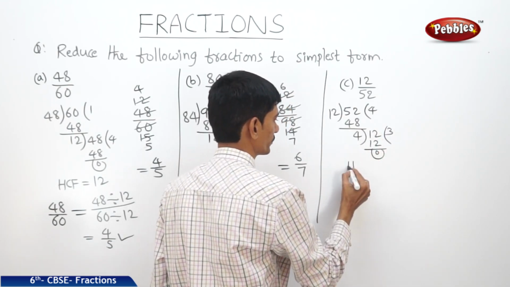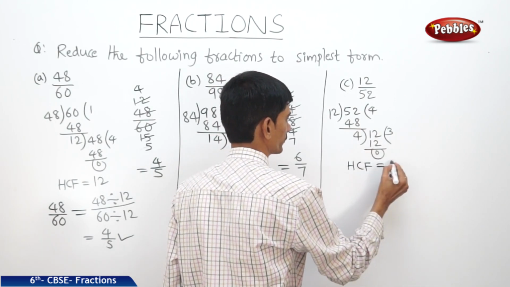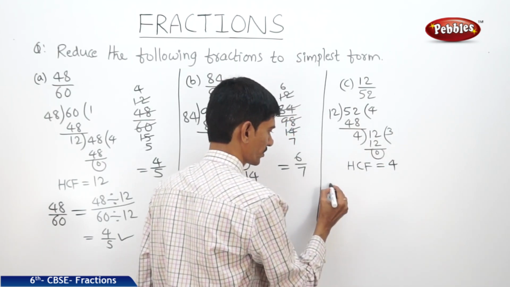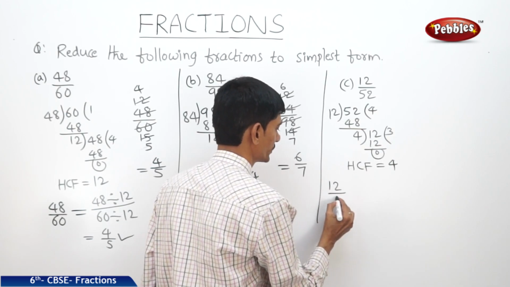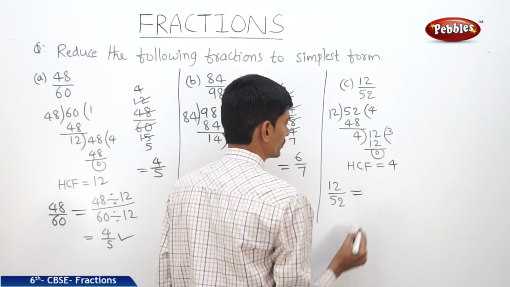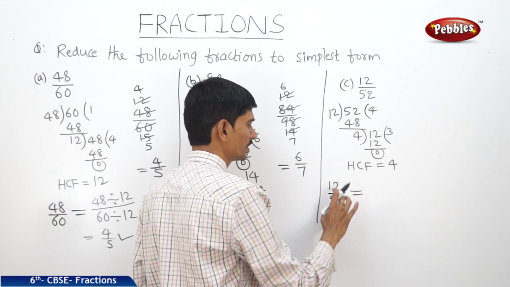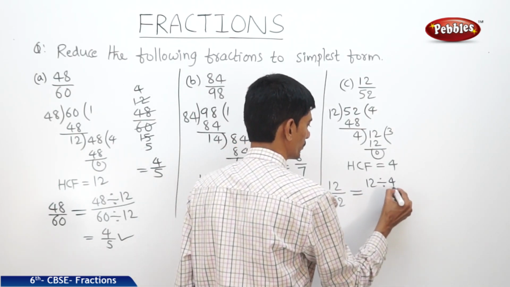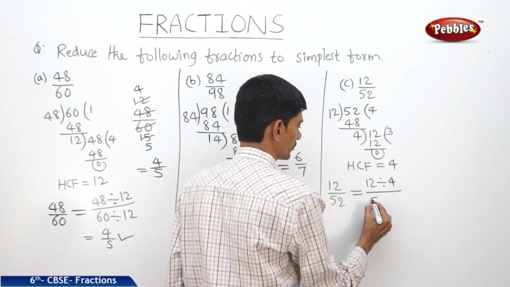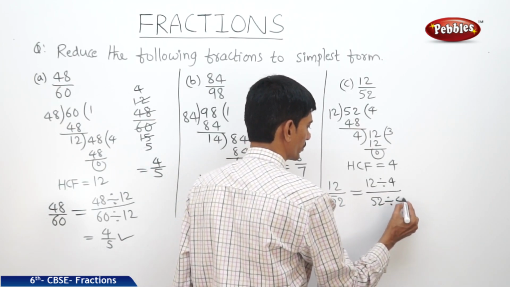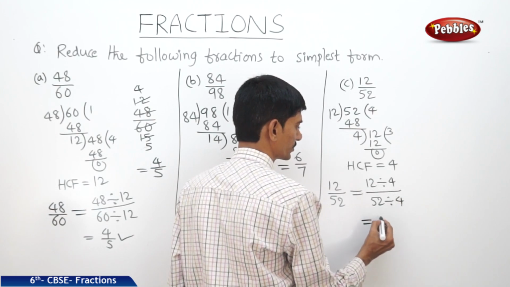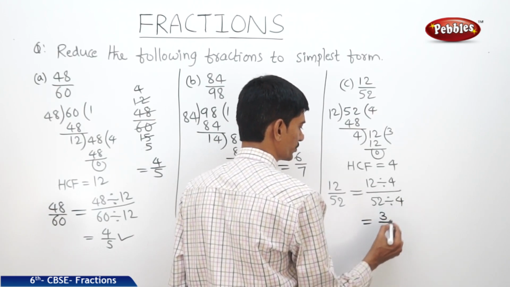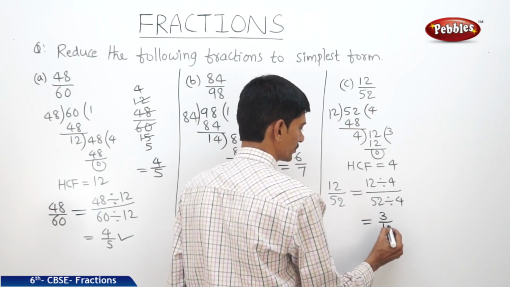Now HCF equals 4. Now 12 by 52, so divide numerator and denominator by the HCF. So 12 divided by 4 by 52 divided by 4. So 12 by 4 is 3, and 52 by 4 is 13.